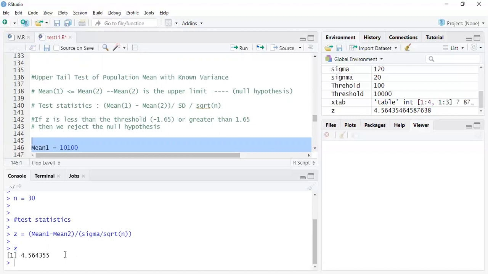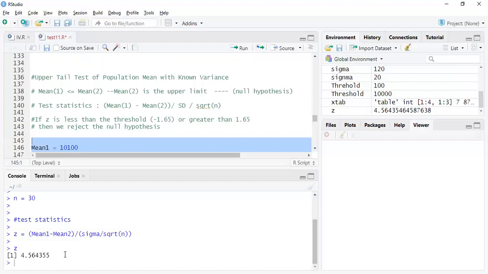Let's first conclude, and then I'll talk a bit about how it is different from the left tail test, because in the last video we saw the left tail test. Here we see the value is 4.5, which is obviously greater than 1.65. So we reject the null hypothesis that mean one is less than or equal to mean two.